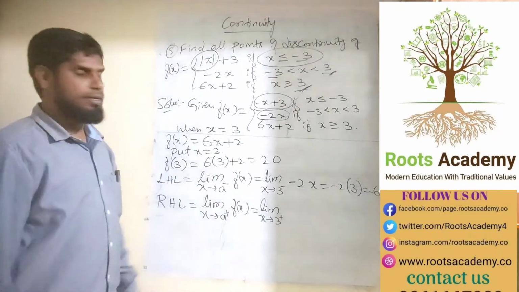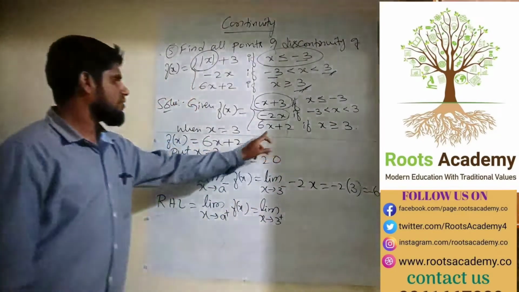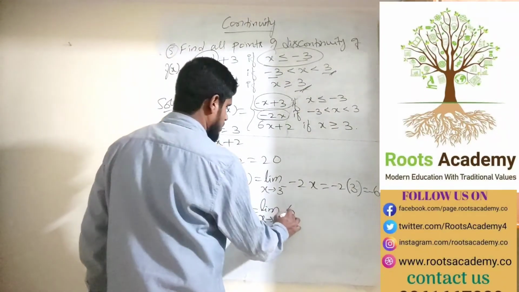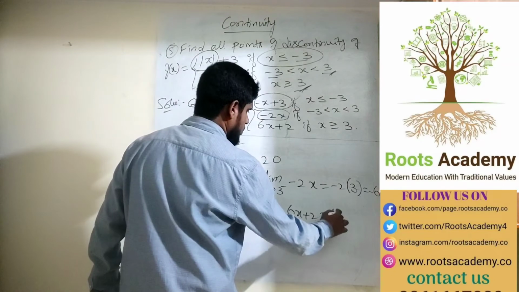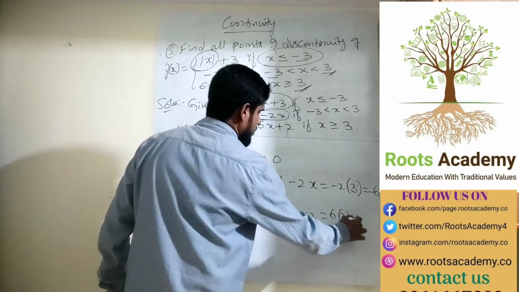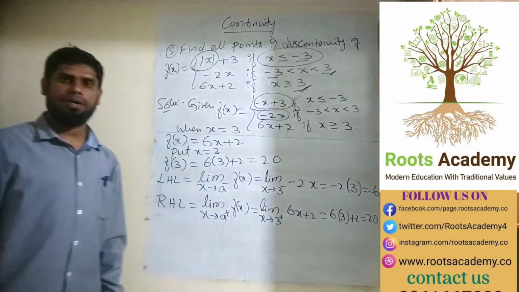Now for right hand limit, x is greater than 3, and the function is 6x plus 2. So 6 into 3 plus 2, 18 plus 2, it is 20.